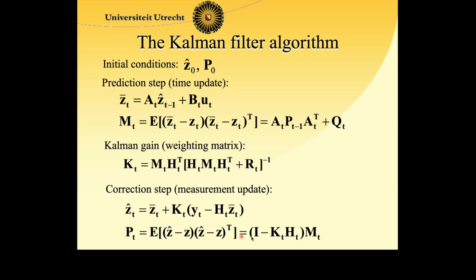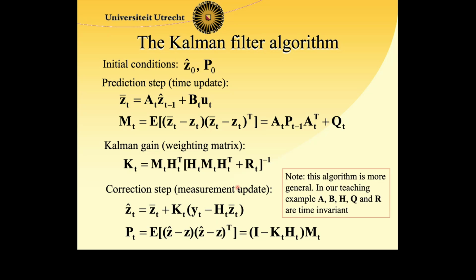And by the way, this thing P is smaller than or equal to T at all times. So we're always improving, but we're never getting worse if we ingest observations.